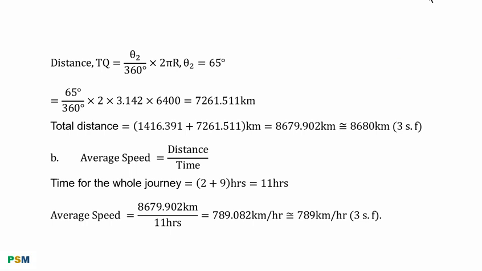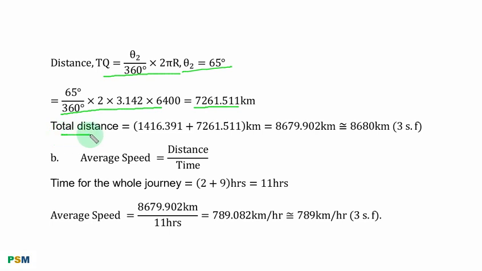Distance TQ is along Great Circle given by this formula. Theta 2 is equal to 65 degrees. You replace theta 2, pi and radius of the earth with what they stand for. You have this expression. After multiplication and division, you have the distance to be 7,261.511 kilometers.